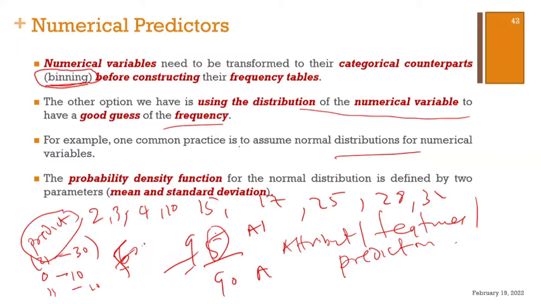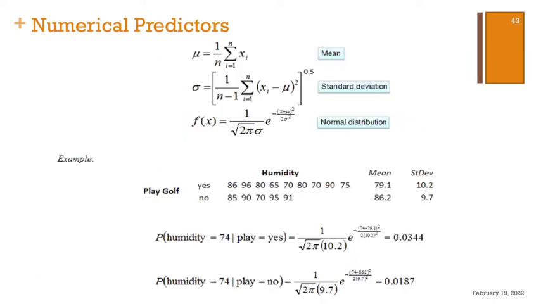Now, we said the probability density function for the normal distribution is defined by two parameters, which are mean and standard deviation. If you go for this option, then we calculate the mean and the standard deviation for the normal distribution you have selected, and then you can apply it to calculate the probability, because what we just need to get is the probability.